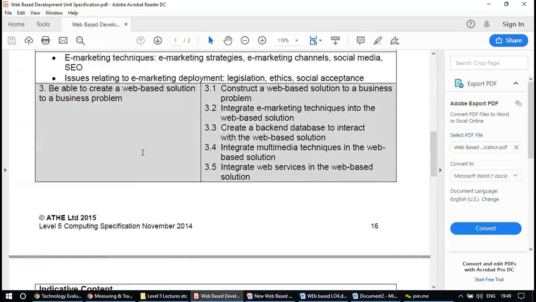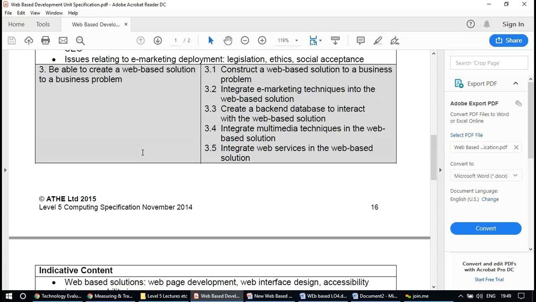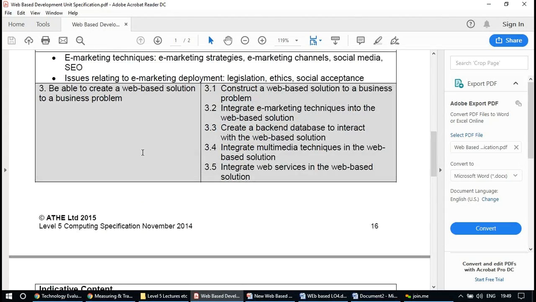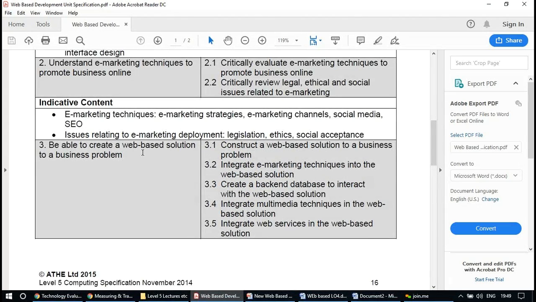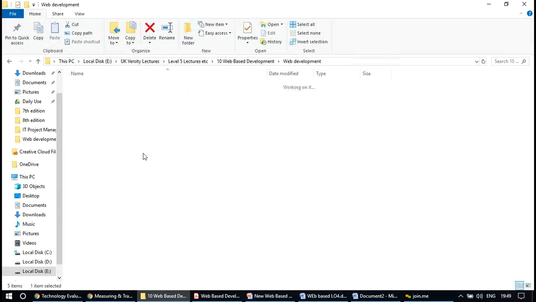So reviewing a web-based solution is basically you need to assess what you have done in your solution. Literally, like in the previous LO, we advised how to construct a web-based solution, and we discussed how you need to select the technology.